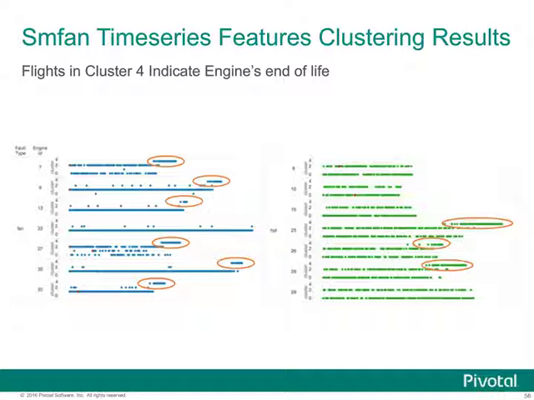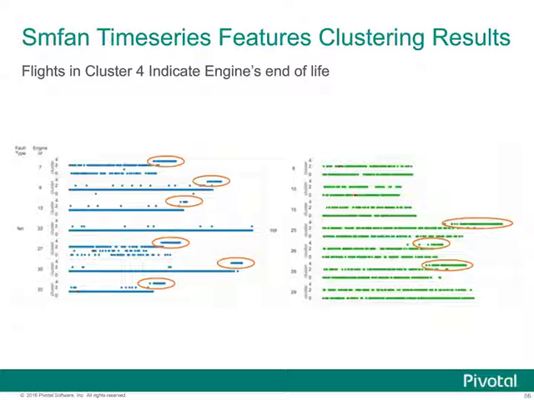Here are the results. You see here that the time series for the Smfan parameter has some interesting results. It looks like when a flight enters the fourth cluster, it could be indicative of the engine's end of life. On the x-axis here, you have the number of flights, or the nth flight, 0 to 300. And on the y-axis, you have the different cluster numbers for the different engines.